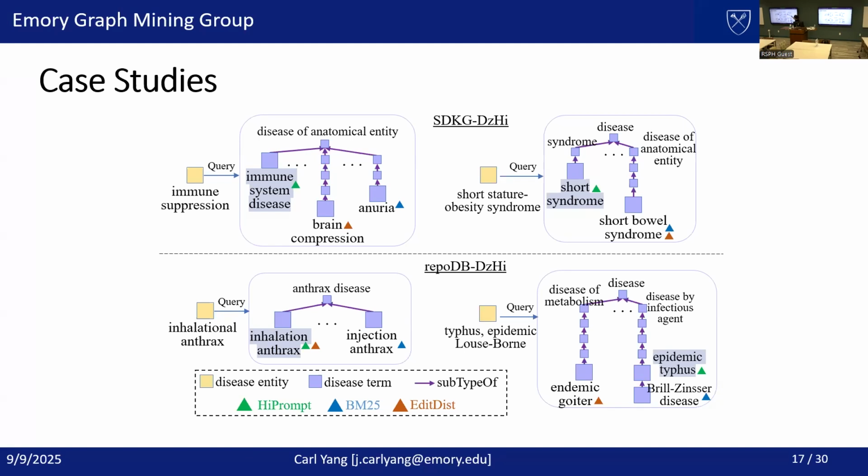But sometimes it actually finds this other one, which is incorrect, because this thing is some kind of disease of an anatomical entity. But this obesity syndrome is not this kind of anatomical entity disease. So this one is actually wrong, and you should put it here.